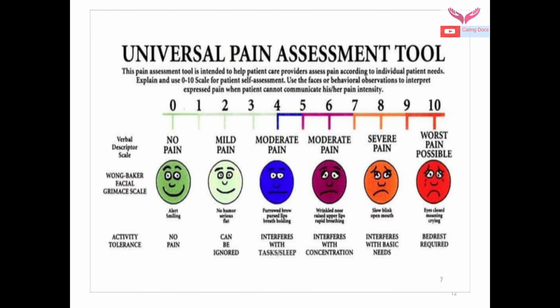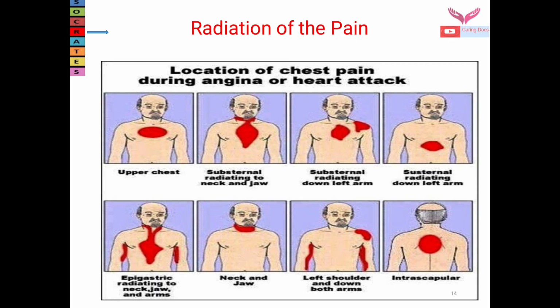This is a universal pain assessment tool, and based on the intensity of the pain, we can categorize it from 0, that is no pain, to the worst pain possible, that is 10. Next is the radiation of the pain.